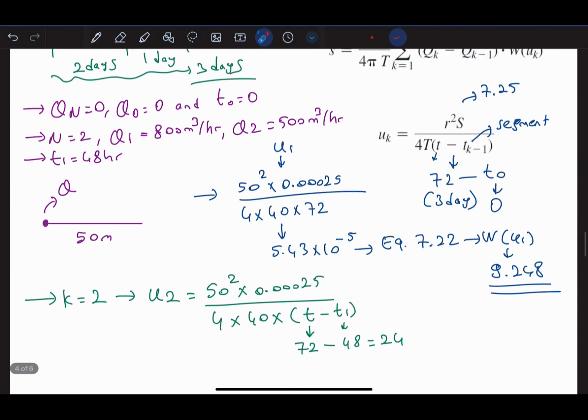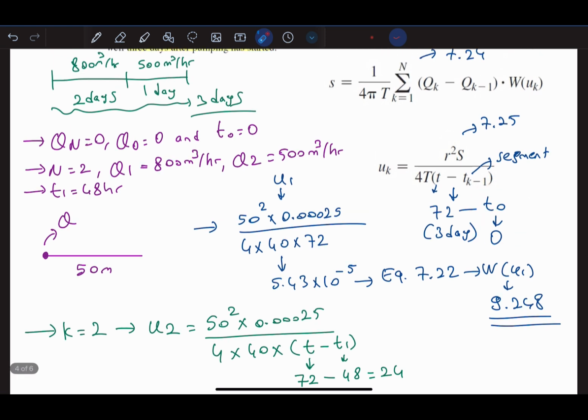But in the first segment, we need to calculate T minus T0, and T0 was 0 as given in the equation explanation. This is because the pump hasn't started yet, so we are taking this as 0. And since T is the total duration, it was 72, so we directly use that value.